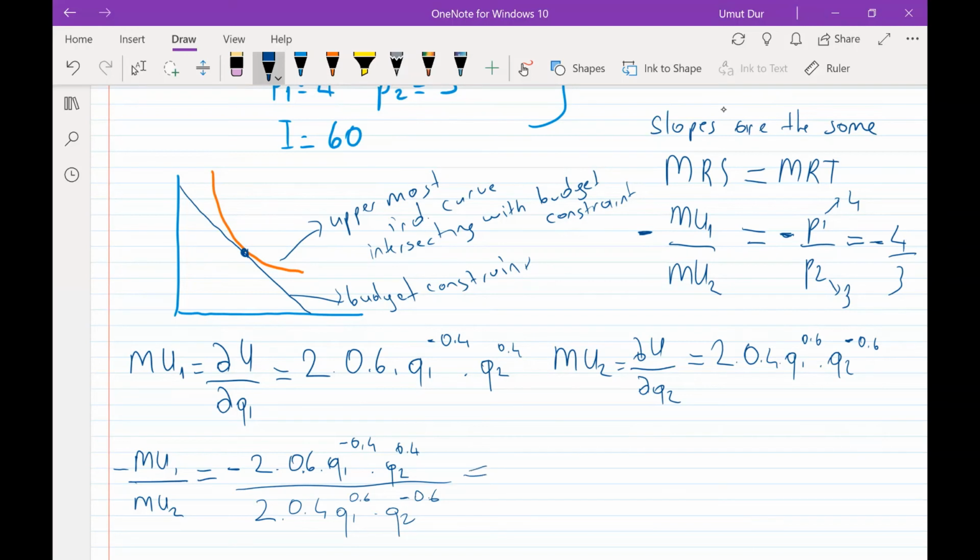If we do the math here, the 2s cancel each other. We have 6 over 4. I take the Q1 terms to the denominator, Q1 to the 0.6 times Q1 to the 0.4, and the Q2 terms to the numerator, Q2 to the 0.4 times Q2 to the minus 0.6. It will be minus 3 over 2 times Q2 over Q1.